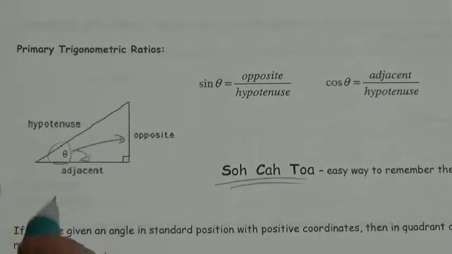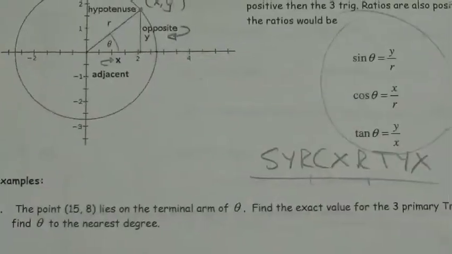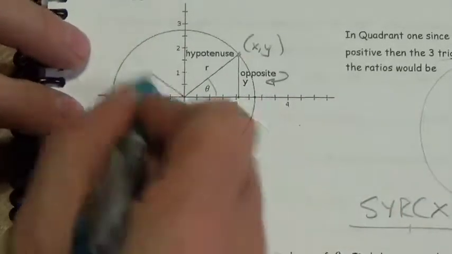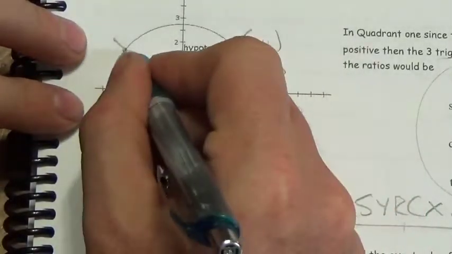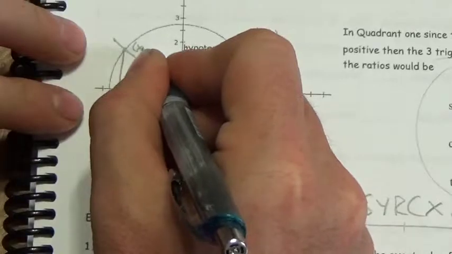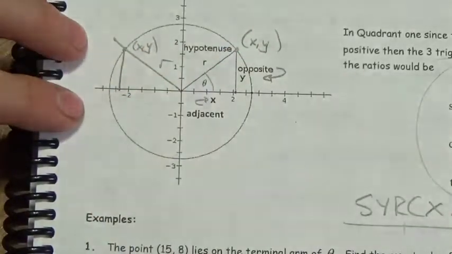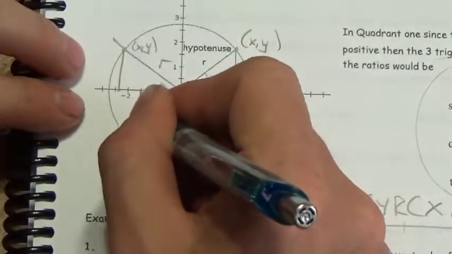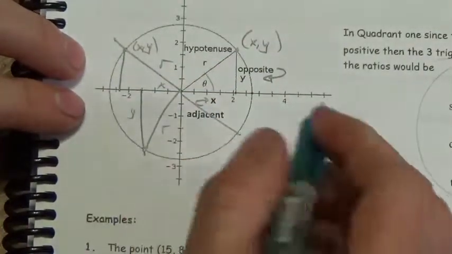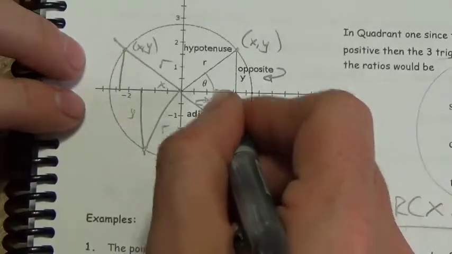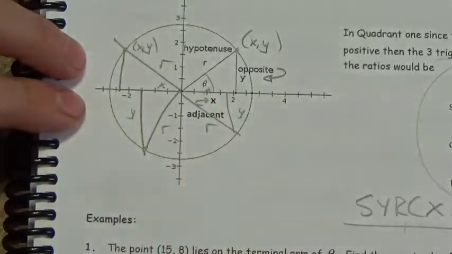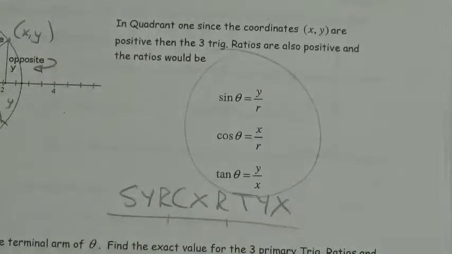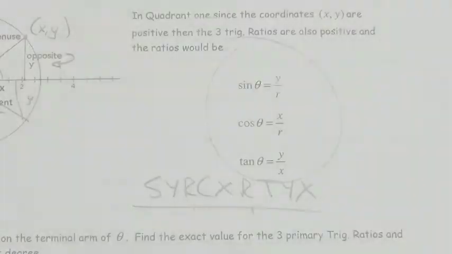But if you make this transition, this idea works whether you're in quadrant 1, quadrant 2, quadrant 3, or quadrant 4. It doesn't really matter. With x, y, r, we can make those definitions work for any theta that we're interested in studying.